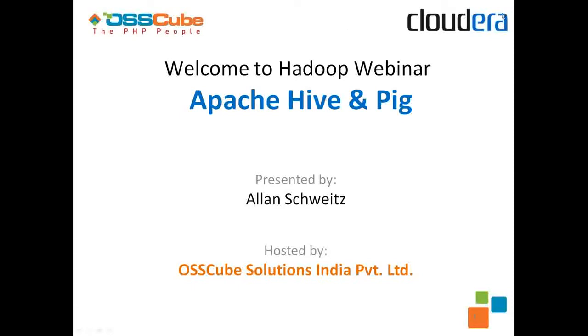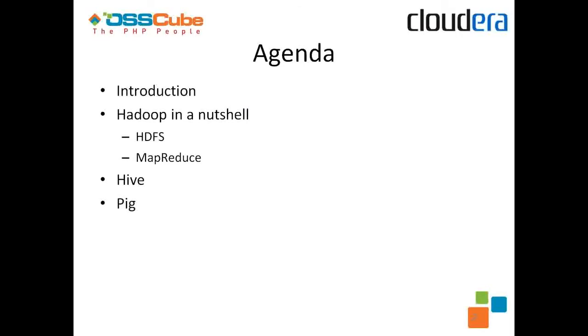If I can get to the next slide. Okay. So basically, the agenda is as follows. Just a brief introduction about what OSS Cube is and what we do, so you have at least a clue about the company. Then for those who don't have any Hadoop experience at all, just to give you a bit of a background, because this is really required to understand Hive and Pig.